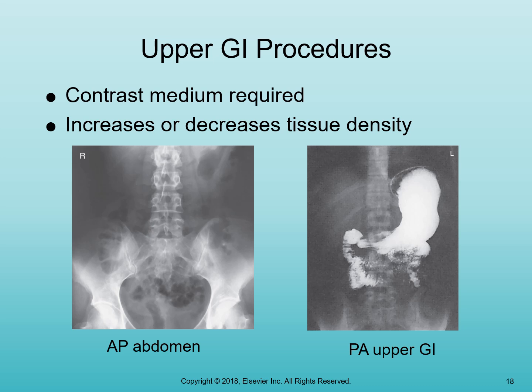As far as the upper GI procedure, we will notice that this is an AP abdomen with no contrast media, because in this, you can see there's some air in the intestines. You can see the pelvis, or at least make out the pelvis. You can see the spine.